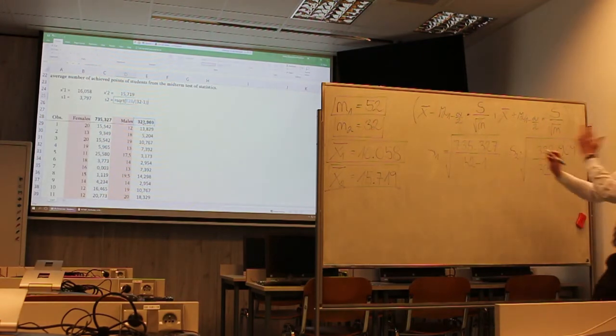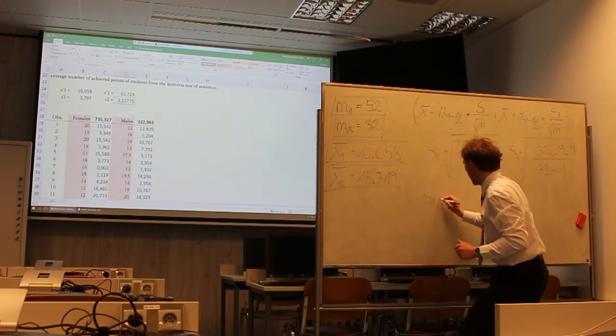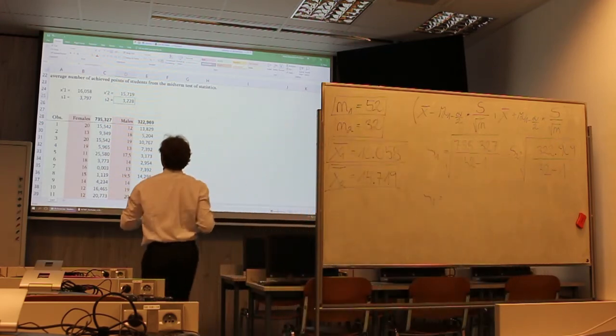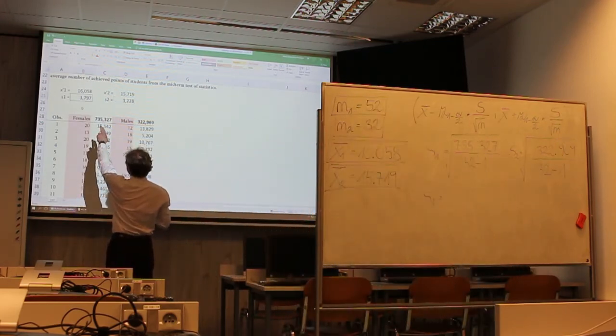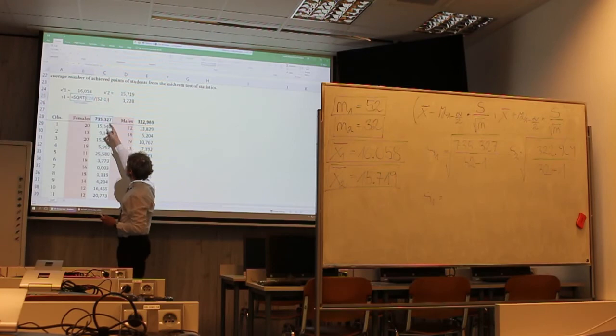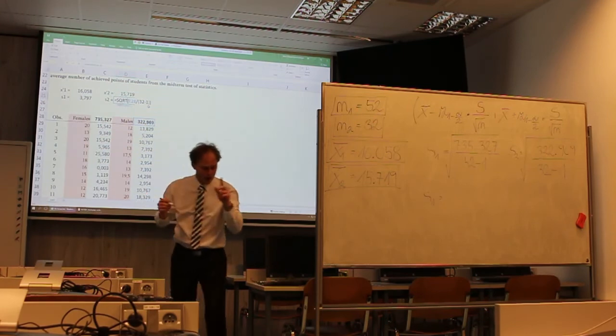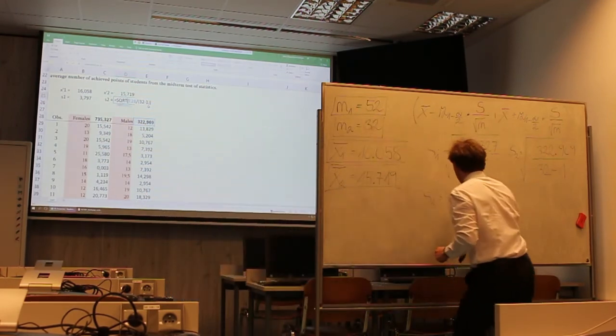So first standard deviation, second standard deviation. S1 is equal to, there is SQRT, equal sign SQRT, square root, numerator divided by 51. The final standard deviation is 3.797.